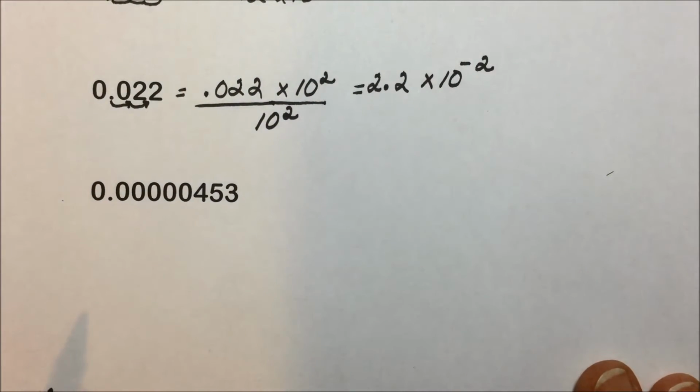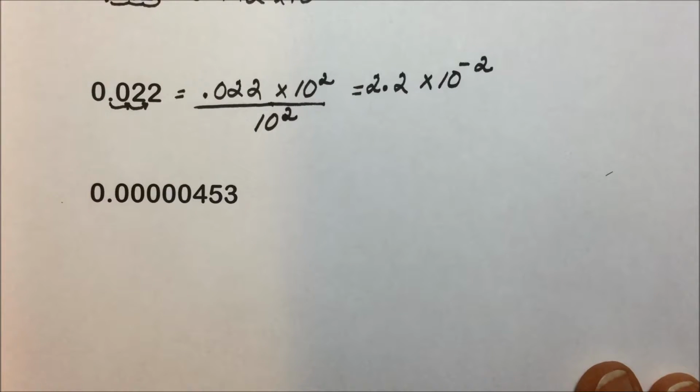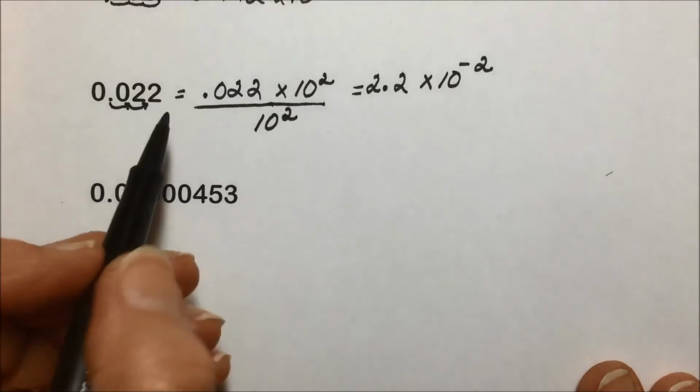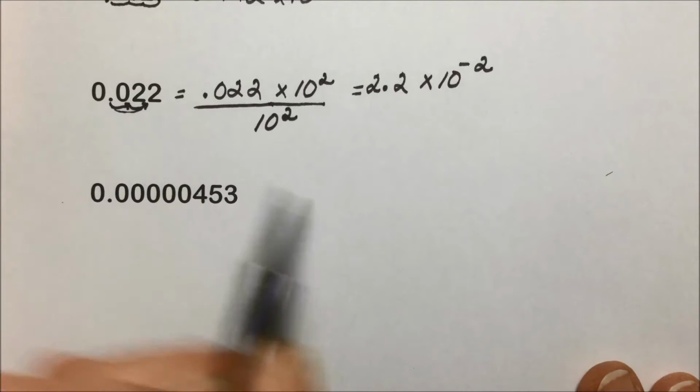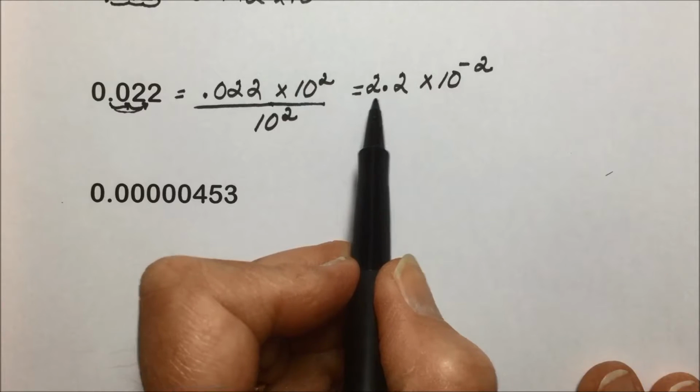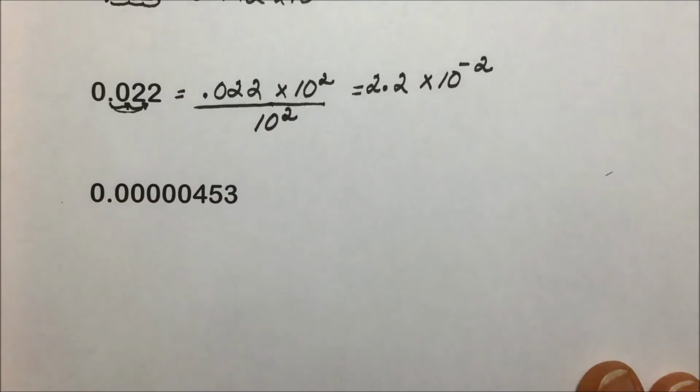Again, as we become familiar with scientific notation, when you are going from a small number into scientific notation, you end up with negative powers of 10 to represent small numbers.